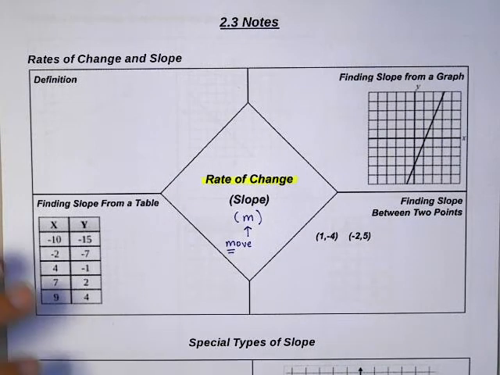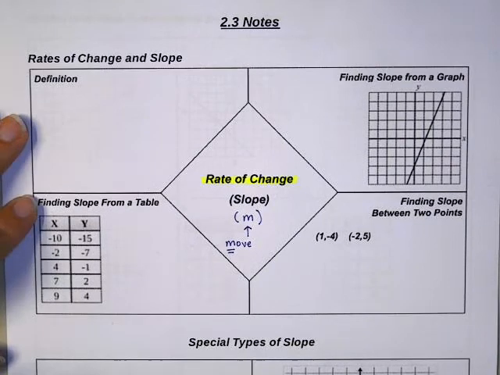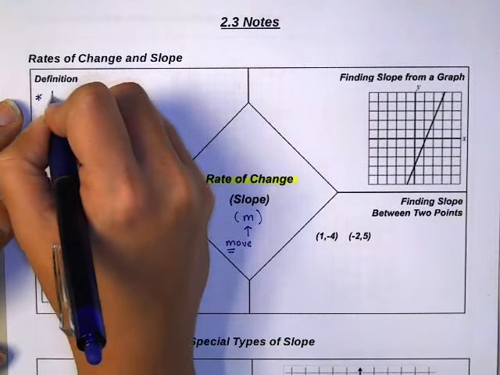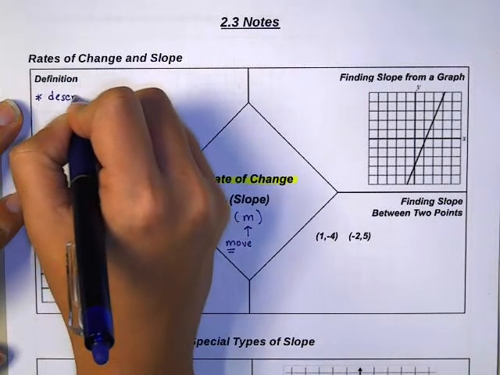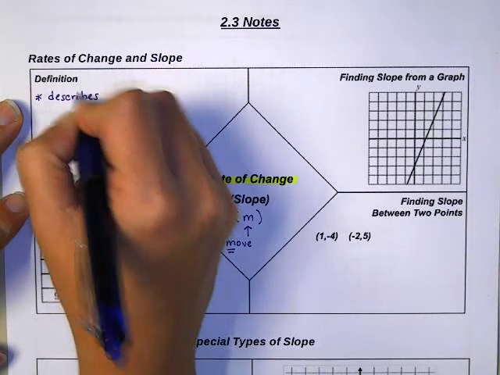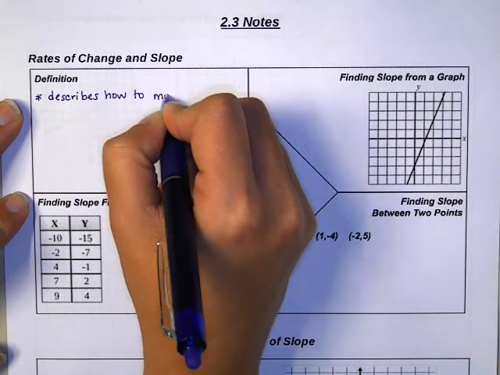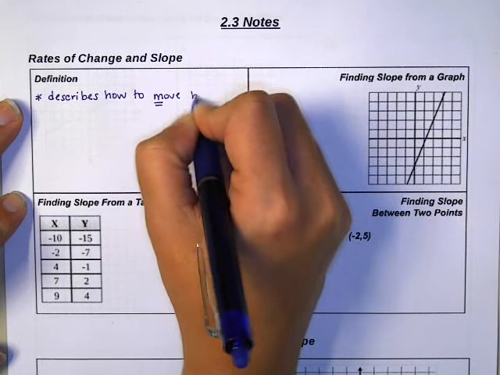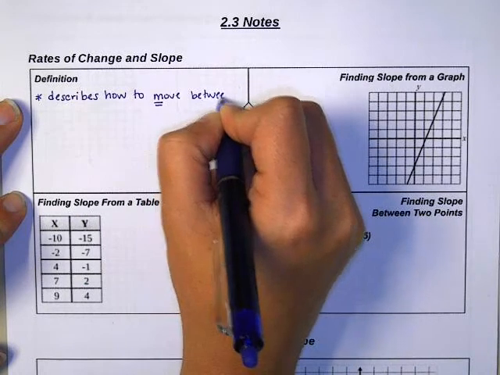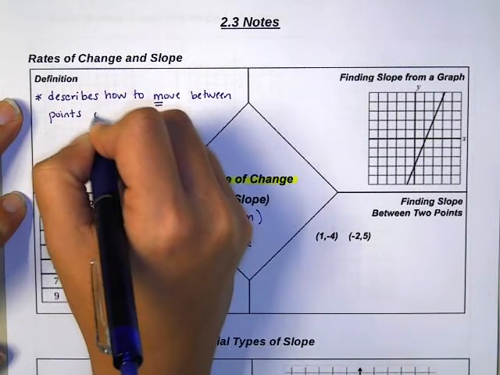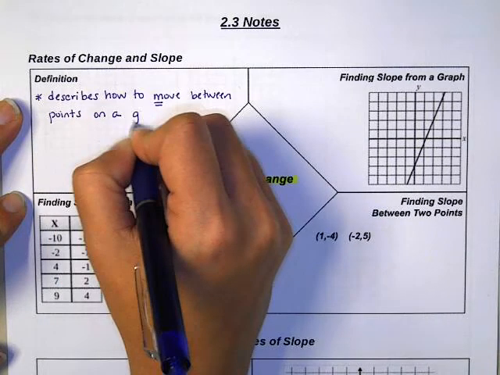So if I was to explain to you what the slope is, I would say that the definition of slope is it describes how to move between points on a graph.